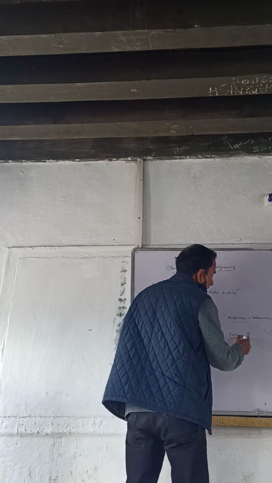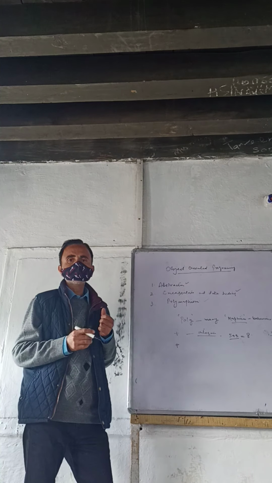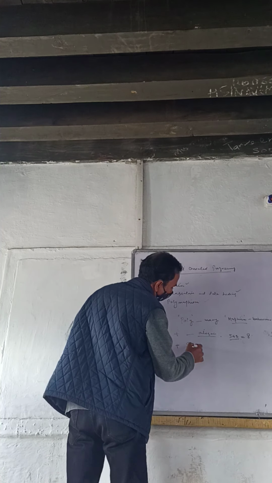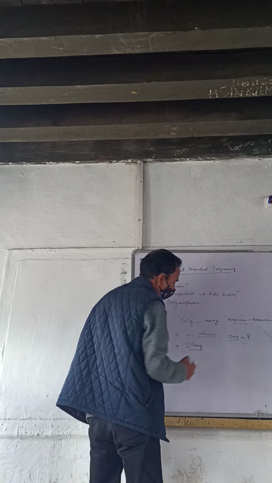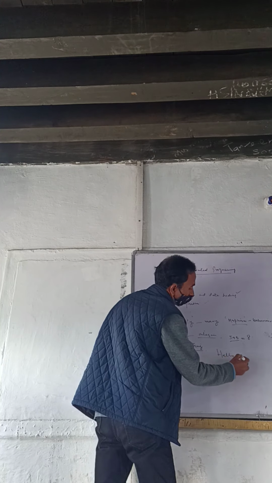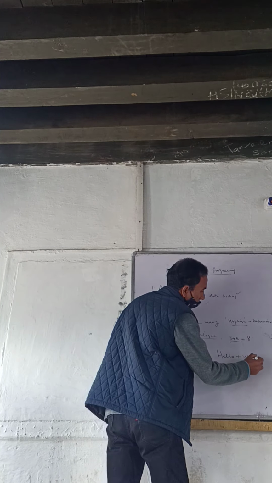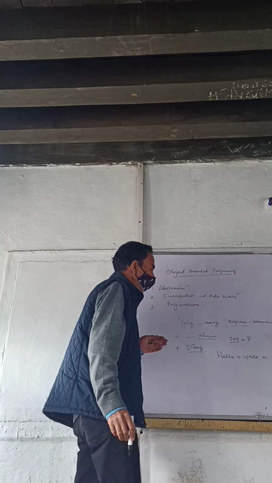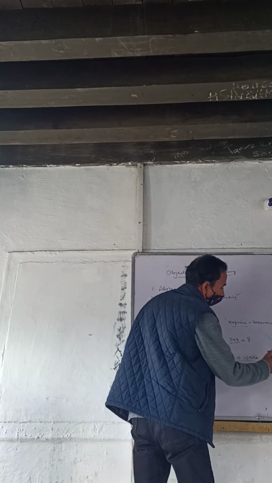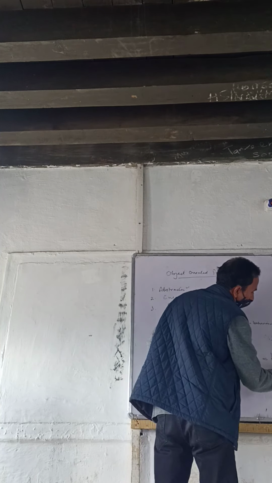But at the same time, if we use this plus operator on two strings, for example, here it is hello, we can write this plus operator, and here we can write world, and this will give us the concatenation of the two strings, that is hello world.